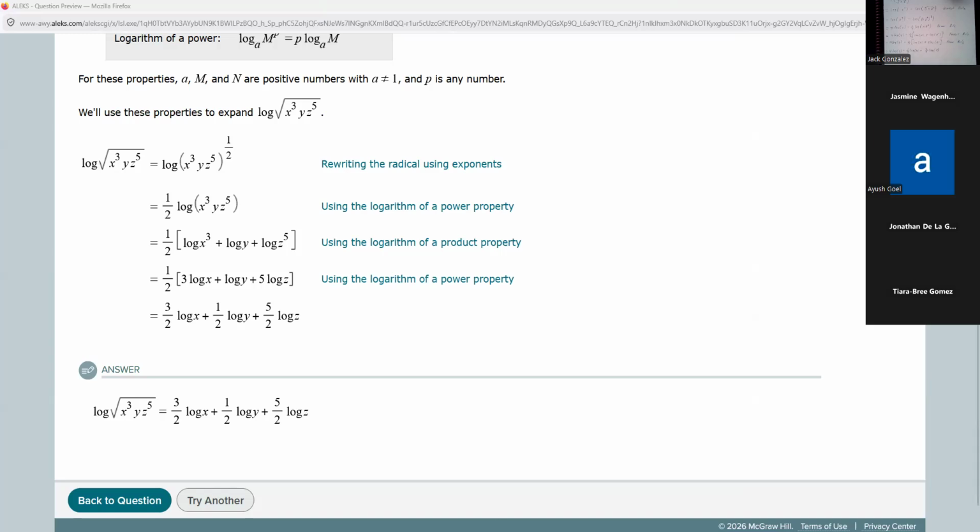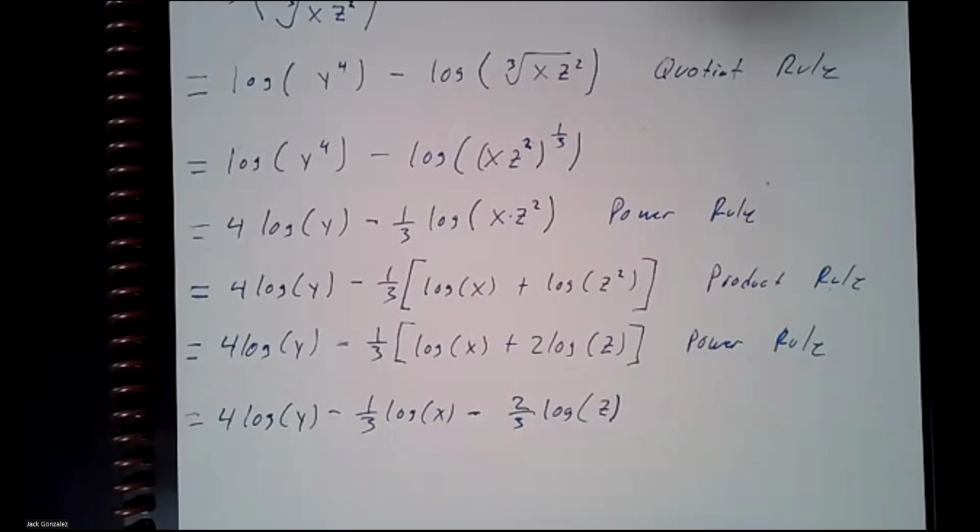Let's do something a little different. So now we're going to put it back together. So we've been expanding them. Let's put them all back together.